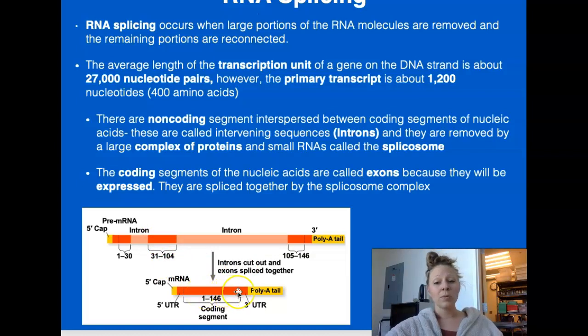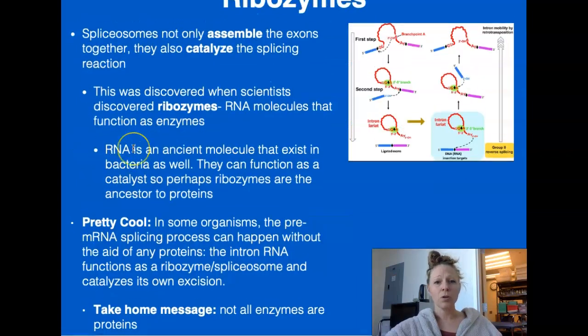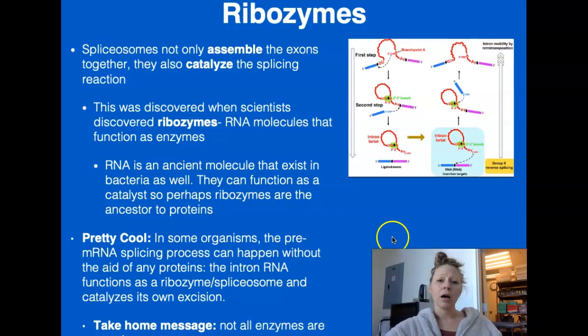They are going to be spliced together by a really cool little enzyme called a spliceosome. The spliceosome is a complex of proteins and RNAs. So RNA is not only messenger, it also can function as an enzyme. Spliceosomes not only assemble the exons together, they also catalyze the splicing reaction.